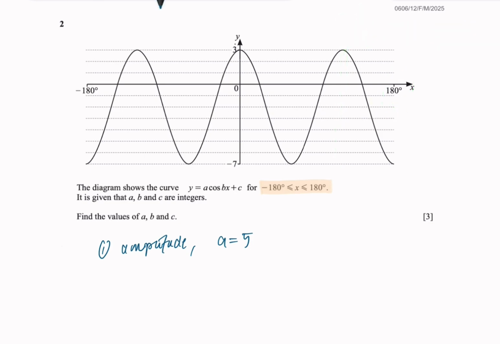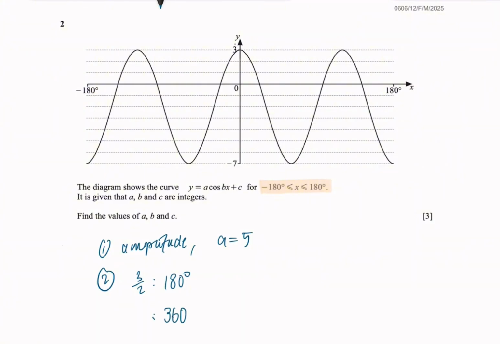We can use simple ratios to figure out the value of b. So 1.5, or 3 over 2, is to 180 degrees. And since the period is how many full cos graphs are within 360, we want 360. So 180 times 2 is 360, and 3 over 2 times 2 is 3. So b is equal to 3.